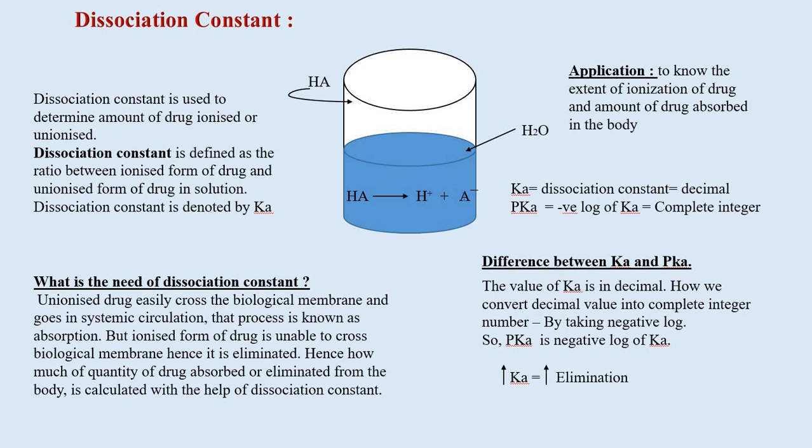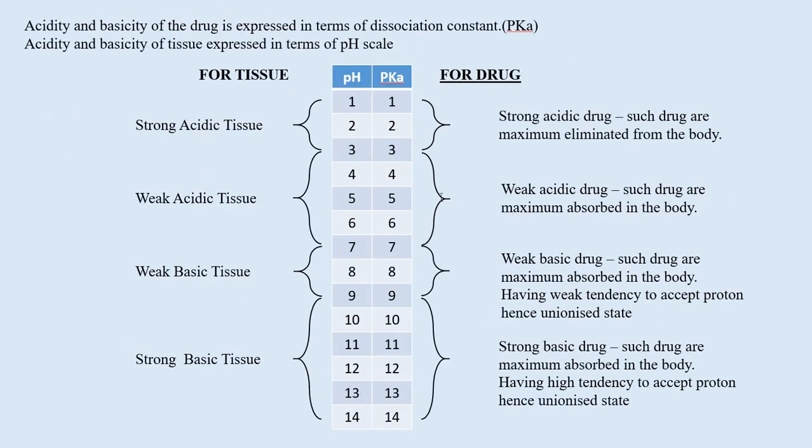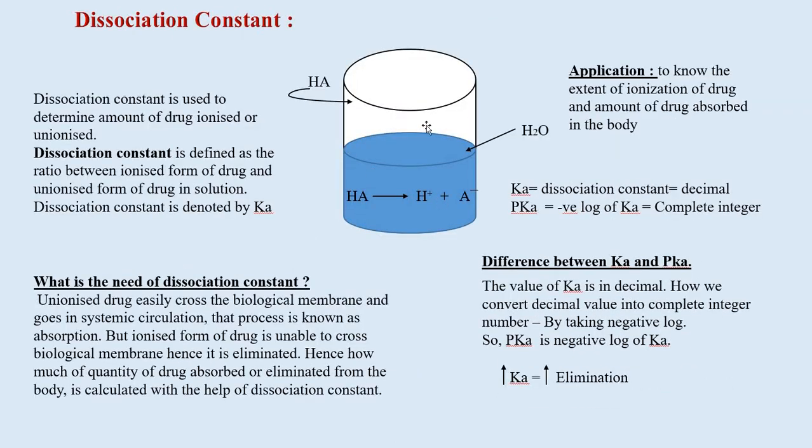If the maximum amount of drug is in ionized form, then it is eliminated from the body because that form is unable to cross the biological membrane and unable to go into the systemic circulation.